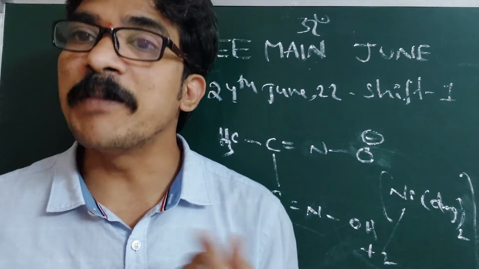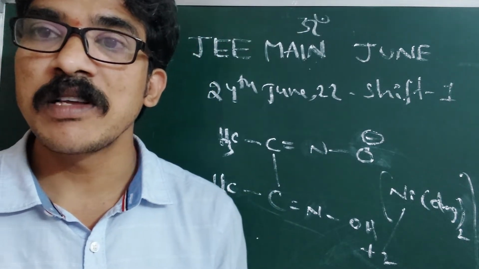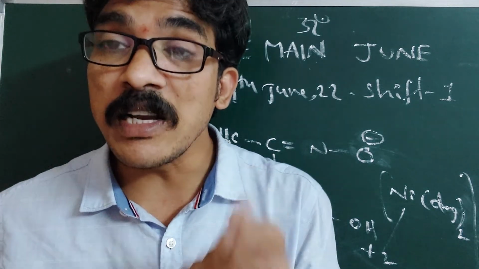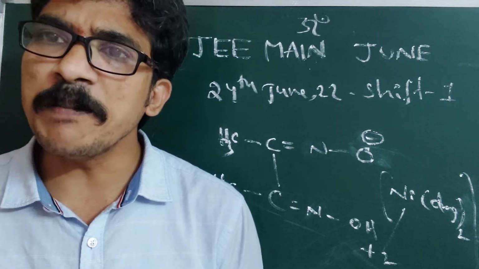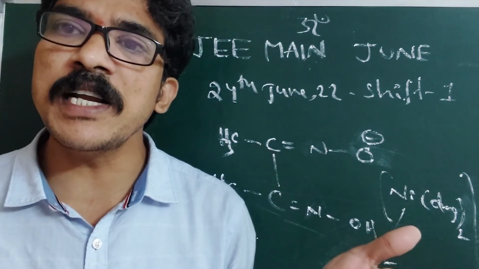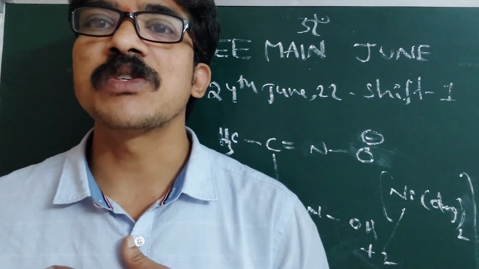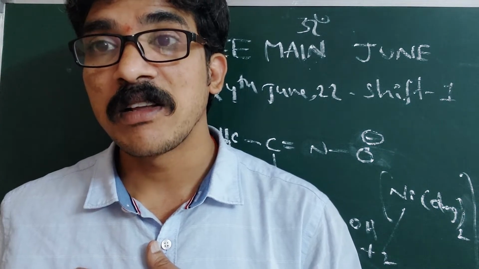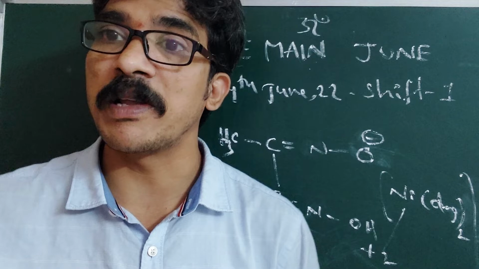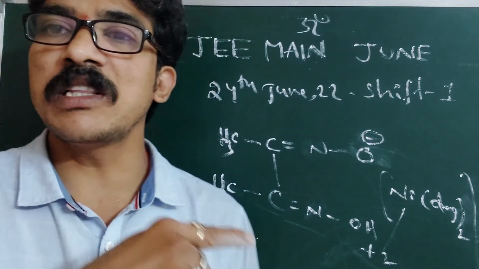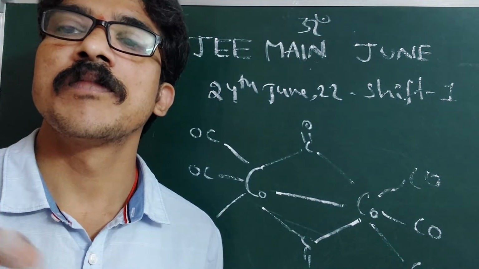So the hybridization is dsp2, with a square planar arrangement, and it is very important that it is diamagnetic. How many unpaired electrons are in 3d8 if the electrons are paired? No unpaired electron, so it is diamagnetic. Very important: it is a diamagnetic complex with no unpaired electron, square planar, dsp2. So finally this is the answer: nickel +2.